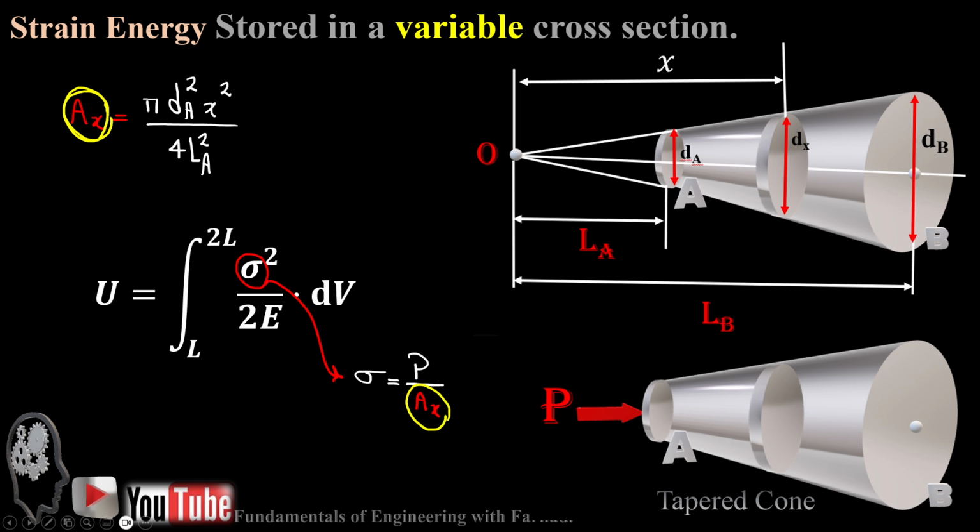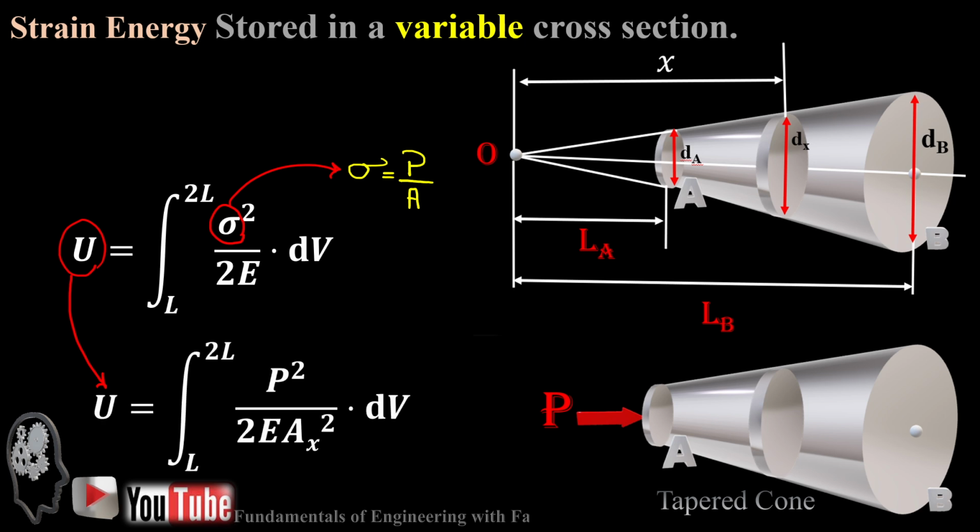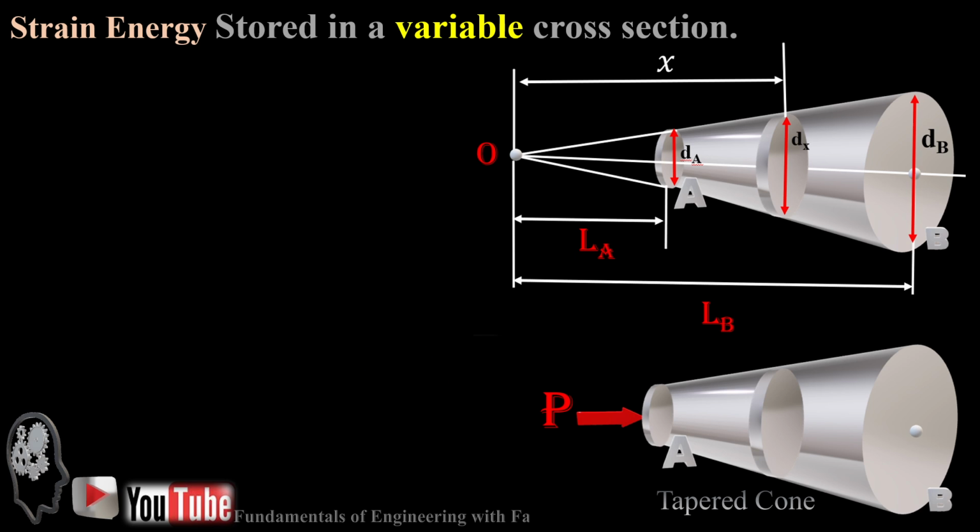So we simply know sigma stress is force over the area, and our cross-sectional area is a function of x. That's why we had to calculate Ax at the beginning. As soon as we have that, and by simply replacing sigma with P over A in the stress equation and jotting down the strain energy again, it gives us this equation: integration from L to 2L of P squared over 2E times Ax squared, then times the element of volume dV.